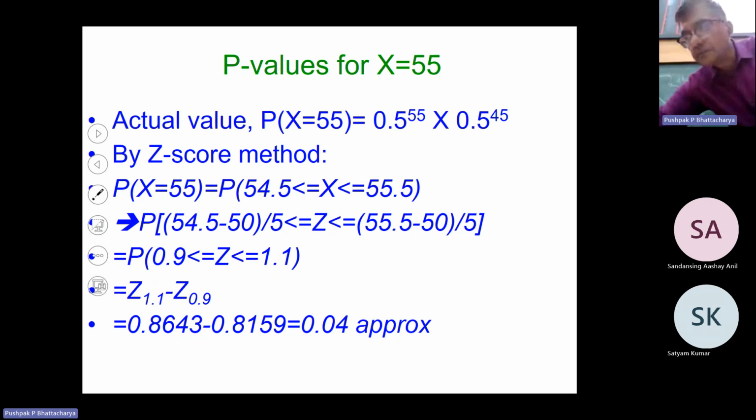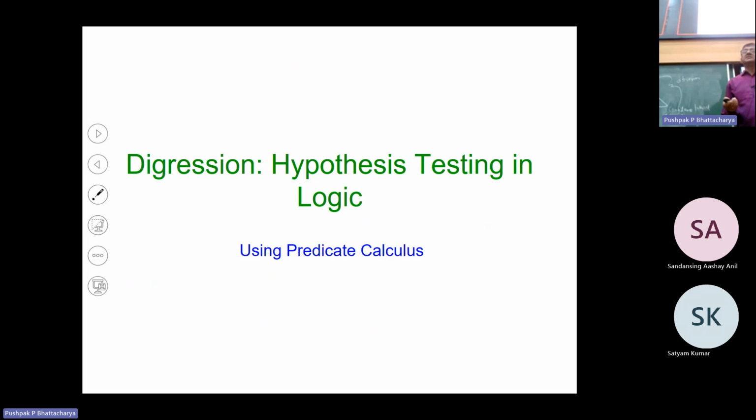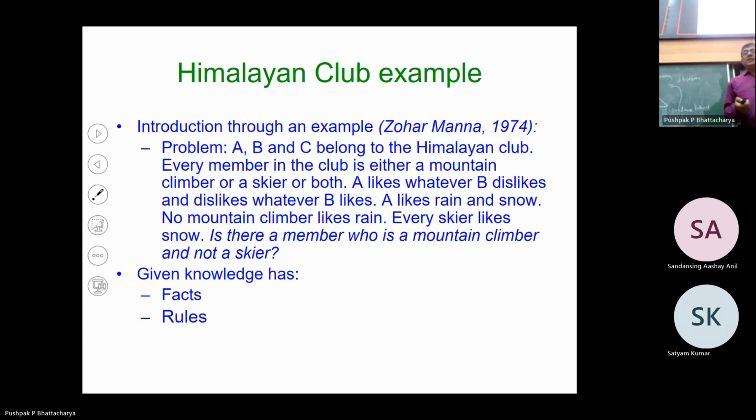So now, the fact that the data is of supreme importance and you will have to reject whatever notions or hypotheses you have in mind, that we discussed very nicely using the puzzle from logic, okay, where we say that there are these facts of A, B, C belonging to a club, and every member in the club is either a mountain climber or skier.